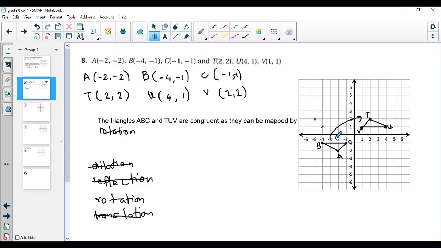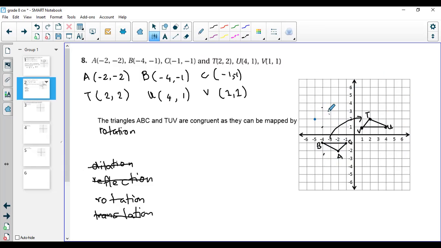But is it 90? Now remember, if it's only 90 degrees, it will just move to another coordinate. This is one coordinate, this is a coordinate, and so on. These are 4 parts here. If it was 90, it will just move from here to here.